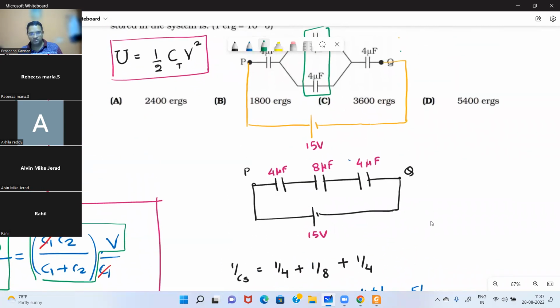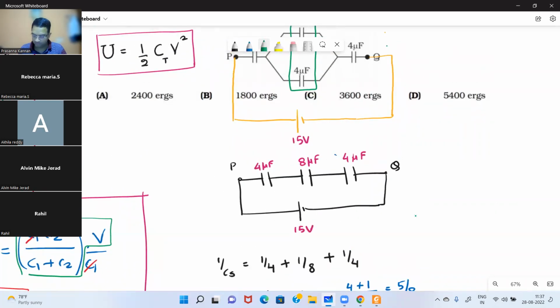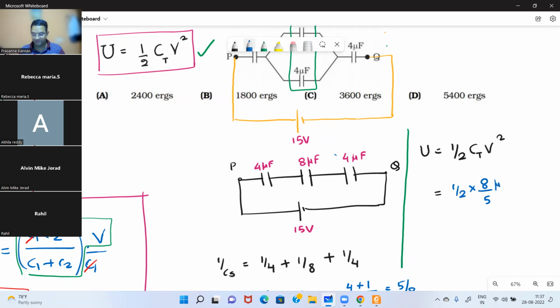But we need to find out not just the capacitance, but the energy also, right? So we will use this expression: energy is equal to half CV square, the total capacitance multiplied by the potential difference square. So that's half into capacitance, which we already found is 8 by 5 microfarad, and voltage is given as 15 volts.